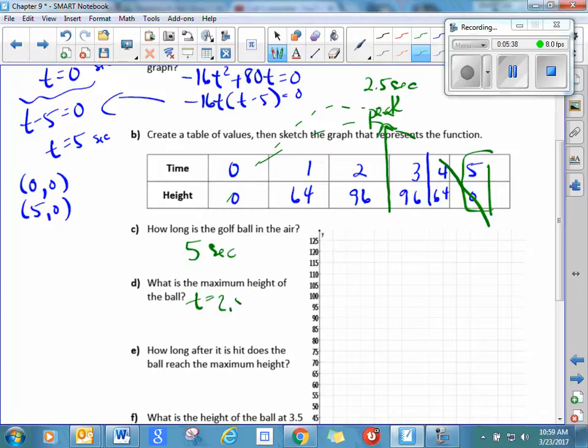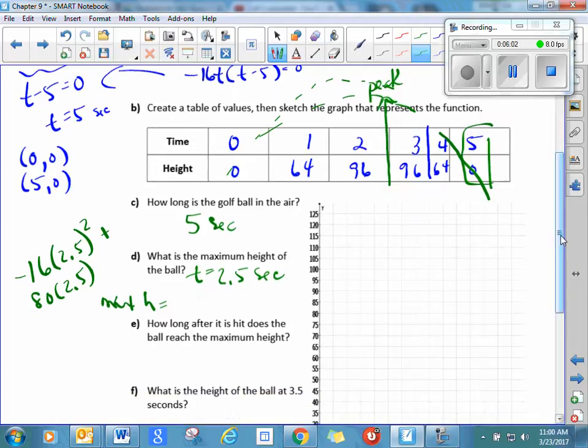T is 2.5 seconds. And then the max height would be the answer to, when you plug it in, minus 16 times 2.5 squared plus 80 times 2.5. What is the answer to that?